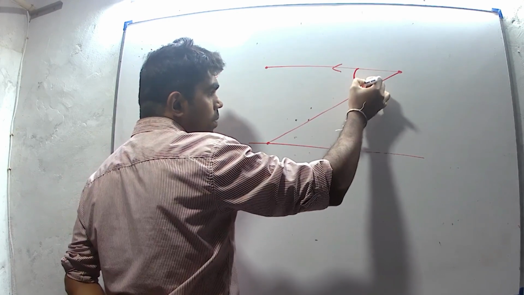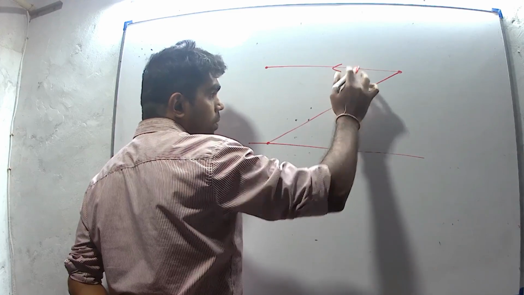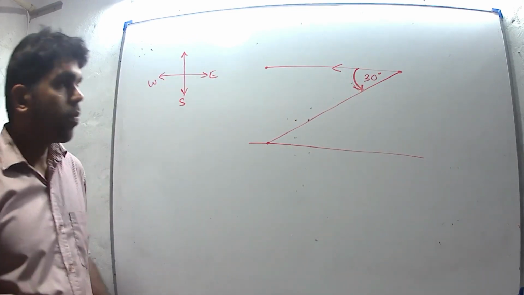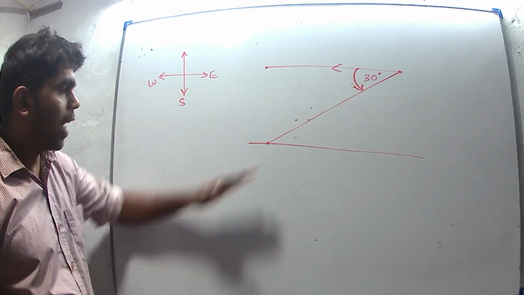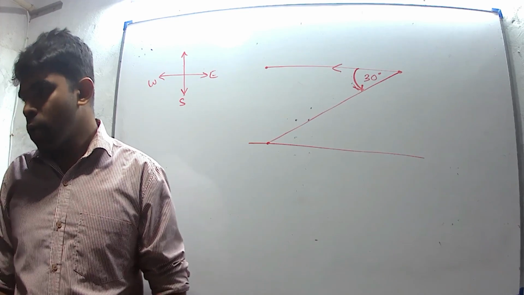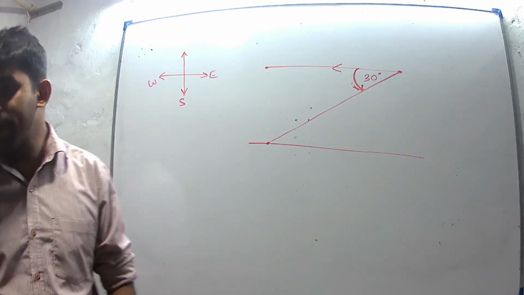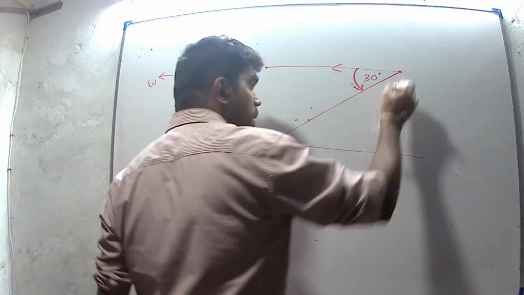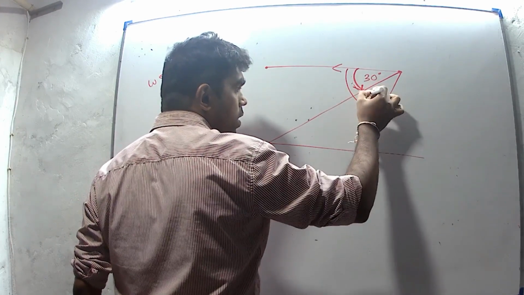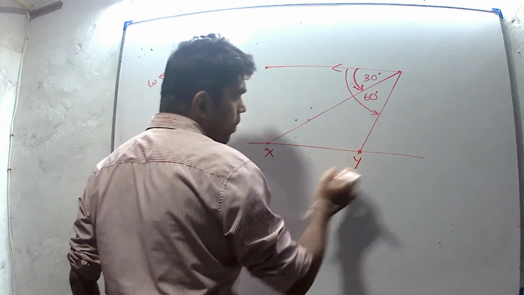From eye level, we can mark the angle of depression, this angle from eye level to line of vision. X was observed at an angle of depression 30 degrees, Y was observed with an angle of depression 60 degrees. It means we can observe Y like this. This larger angle is 60 degrees. X, Y.